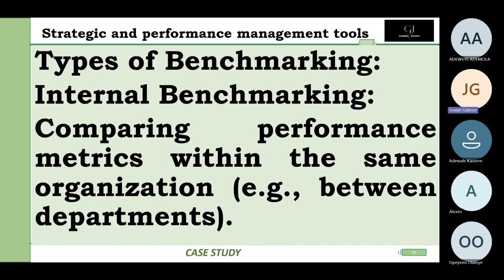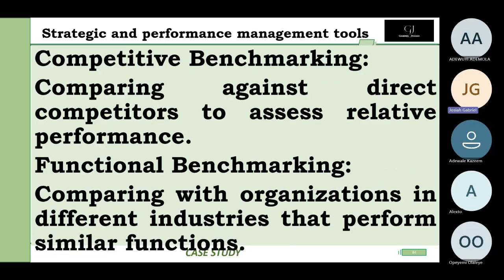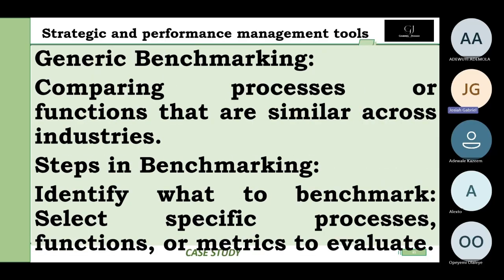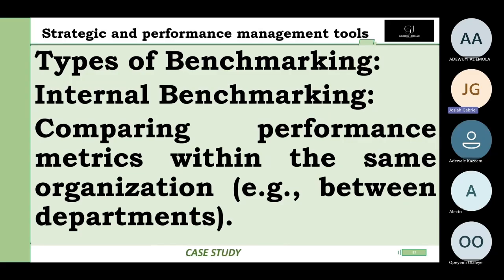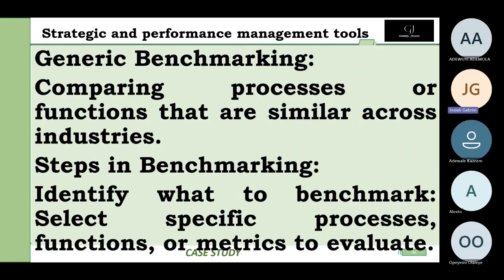So, internal, competitive, functional, generic are types of benchmarking organizations could mimic to help them drive performance. The aim is actually to drive performance and do better, improve. That's essentially what benchmarking is all about.